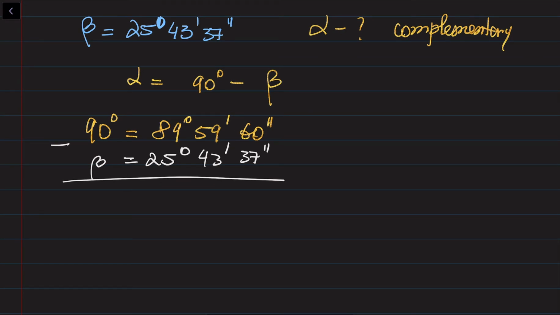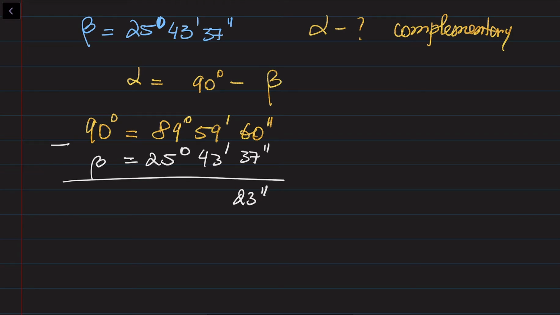The minutes are subtracted from the minutes, seconds are subtracted from the seconds. And if you need to, you can just give 1 minute to the seconds. So 60 seconds minus 37 seconds is going to be equal to 23 seconds.